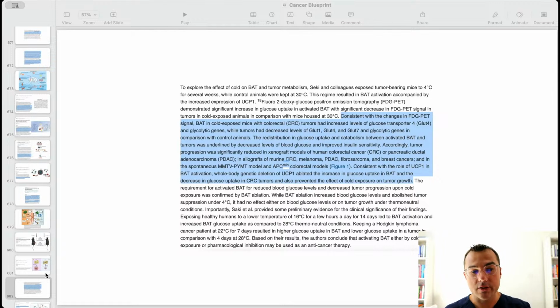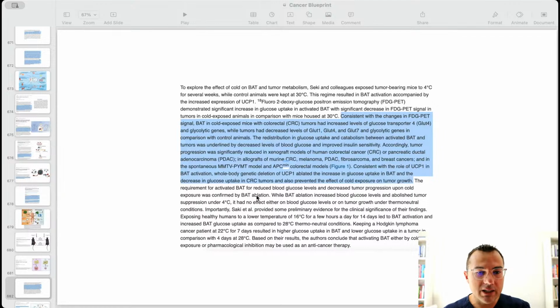My point is that when they looked at animal studies for cancer particularly, and cold's ability to steal glucose away from cancer cells and basically shrink these tumors, what they did was they tried to prove that it was only the brown fat that made the biggest difference. And they did it. The way they did it was they took these mice, made them cold, and then deleted this uncoupling protein 1.